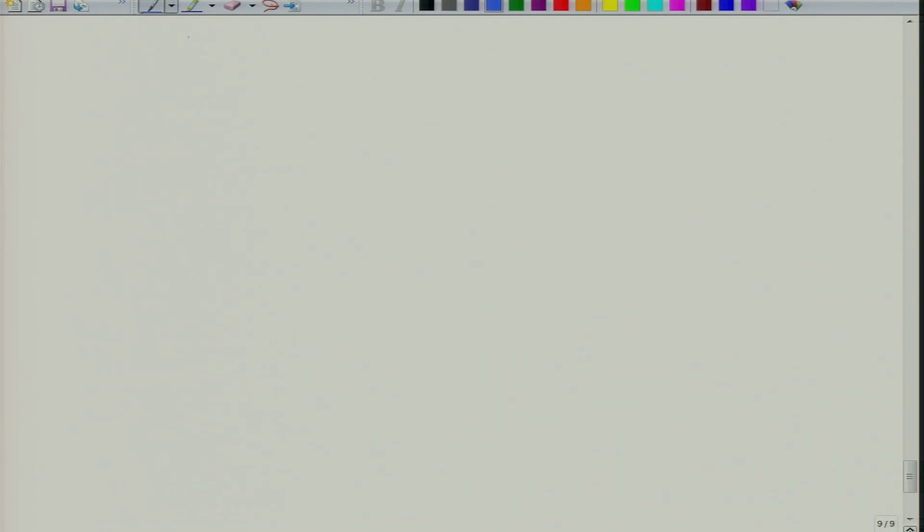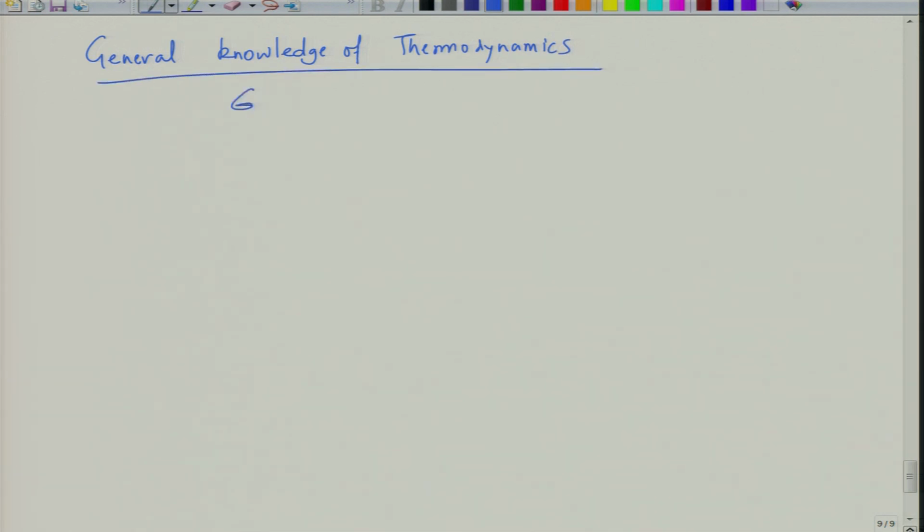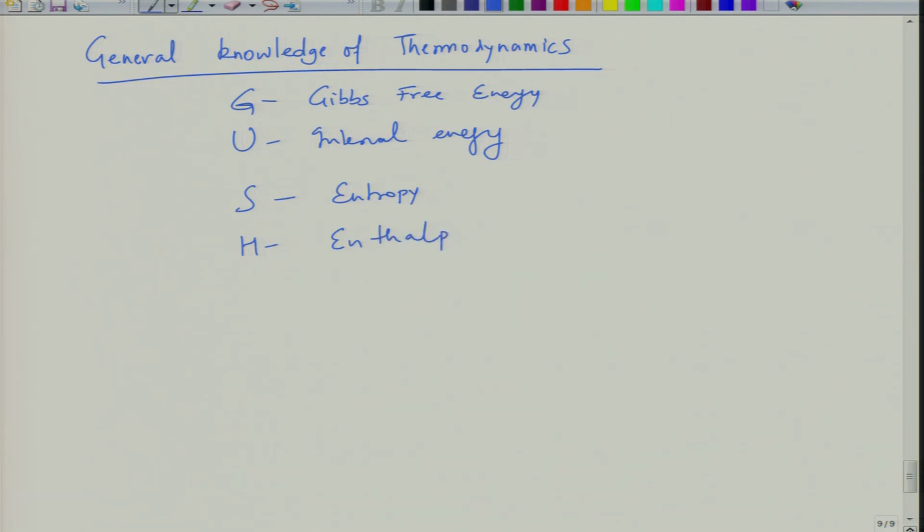So basically these are all thermodynamic expressions. Thermodynamics, I am sure you have general knowledge of. I assume that you are aware of terms such as G, which is Gibbs free energy, U is internal energy, S is entropy, and H is enthalpy.